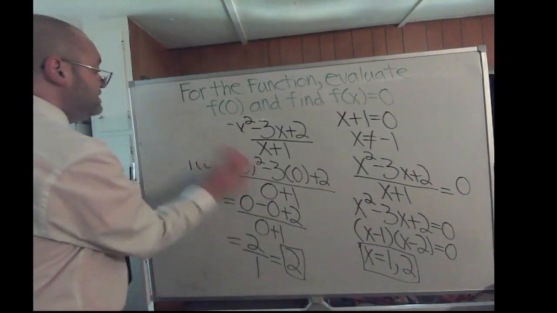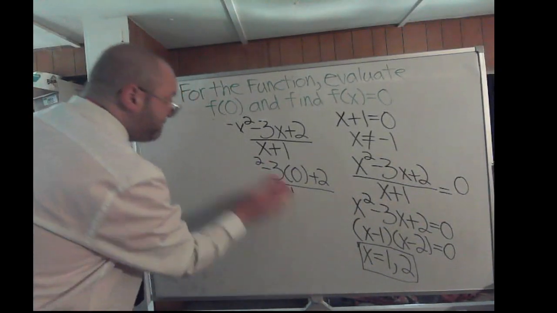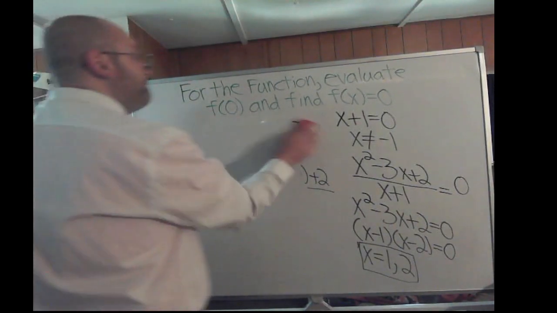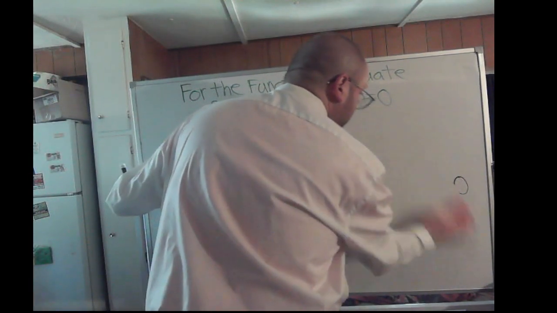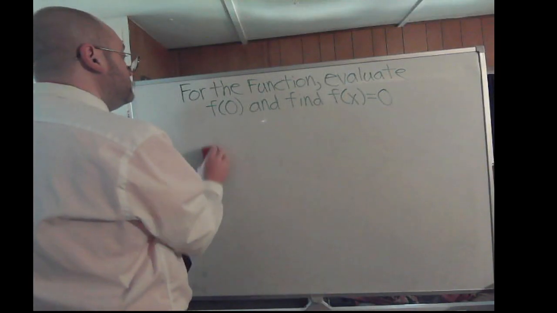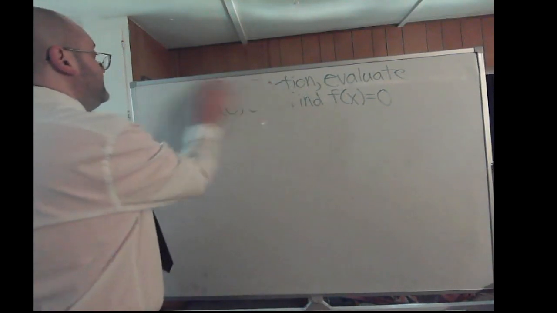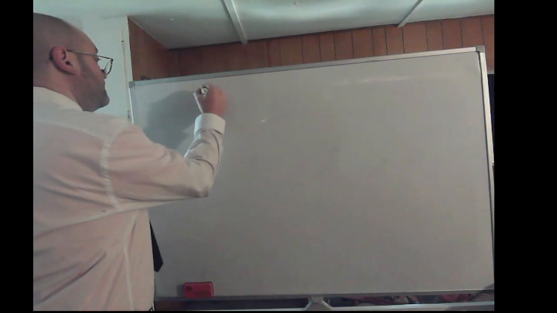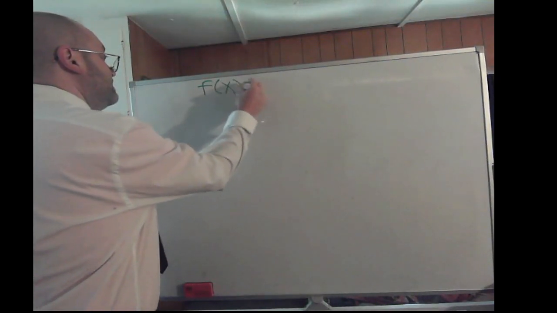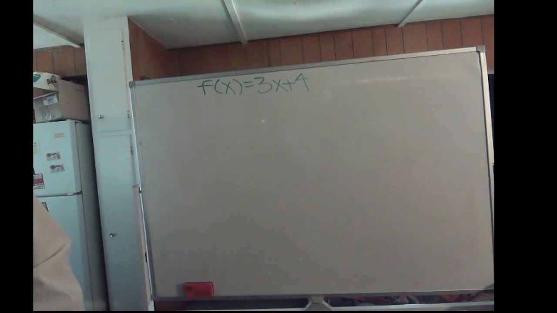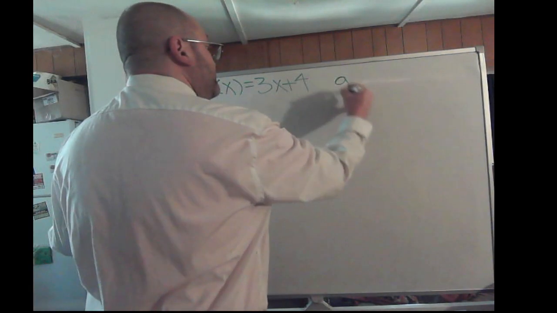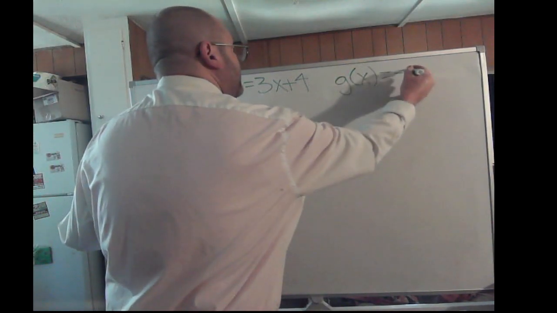Alright. Some slightly different stuff here real quick. f of x equals 3x plus 4, g of x equals negative x squared.